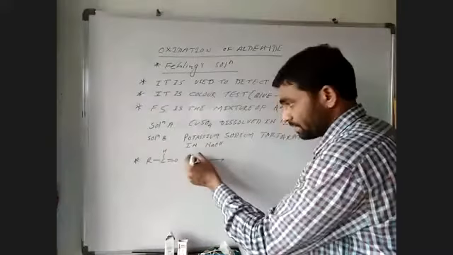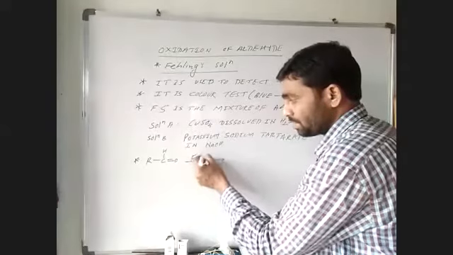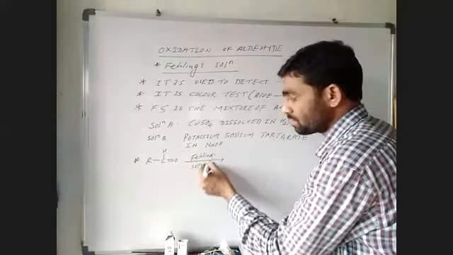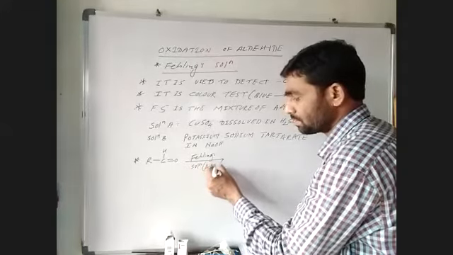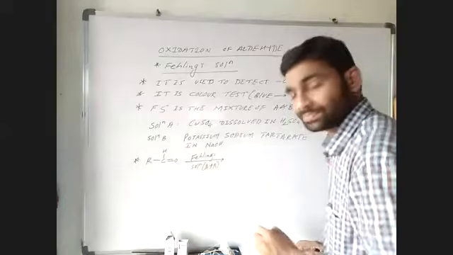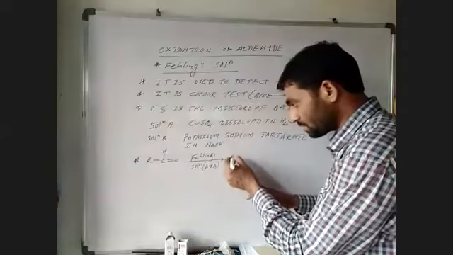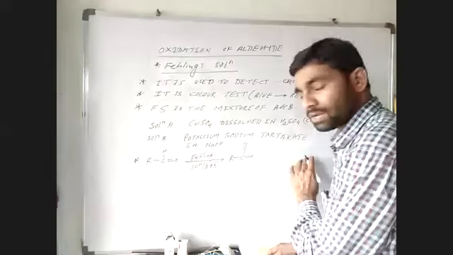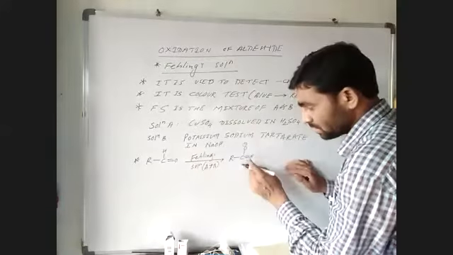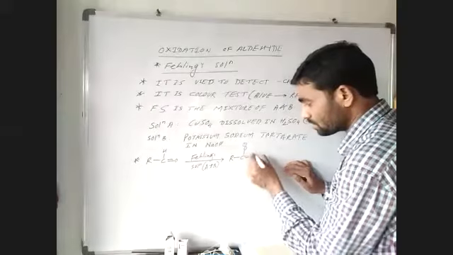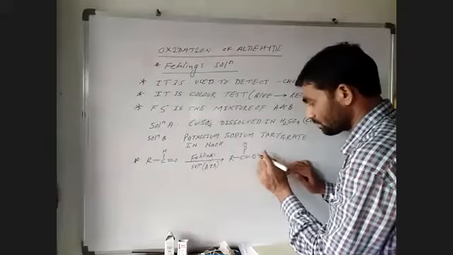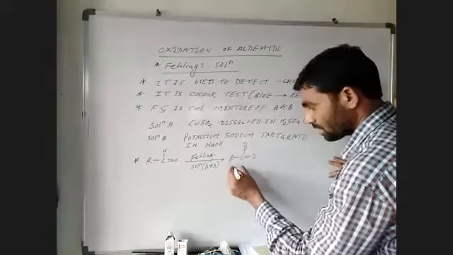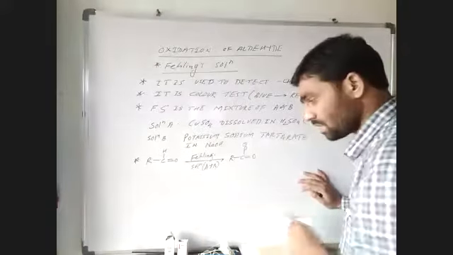When you add Fehling's solution, meaning A plus B, this forms carboxylate ions. Let us have this reaction then. This is a carboxylate ion. That's all.